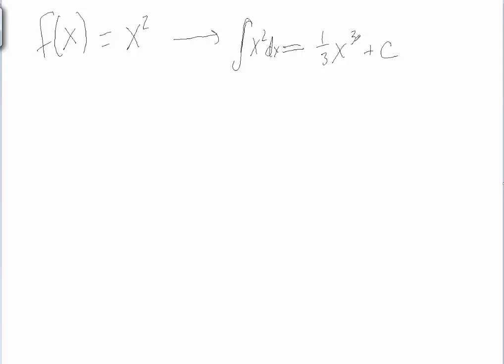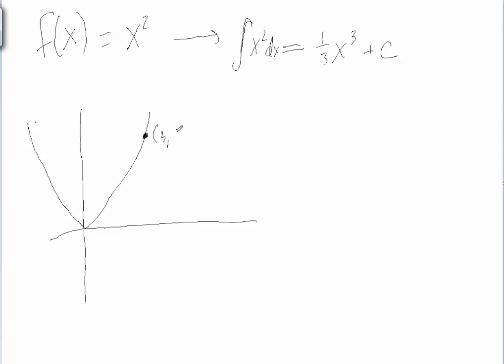Reduce the exponent by 1. The derivative of this is x squared. Well, now we come to a situation where we've got our parabola, and let's say we choose some point here. We've got the point 3, 9, and we want to find this area under the curve.